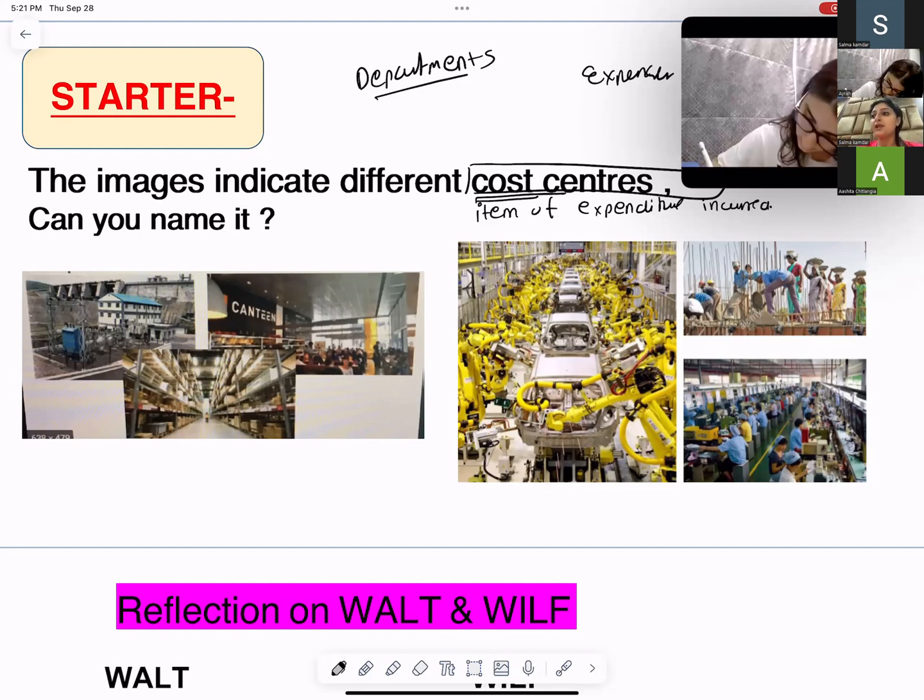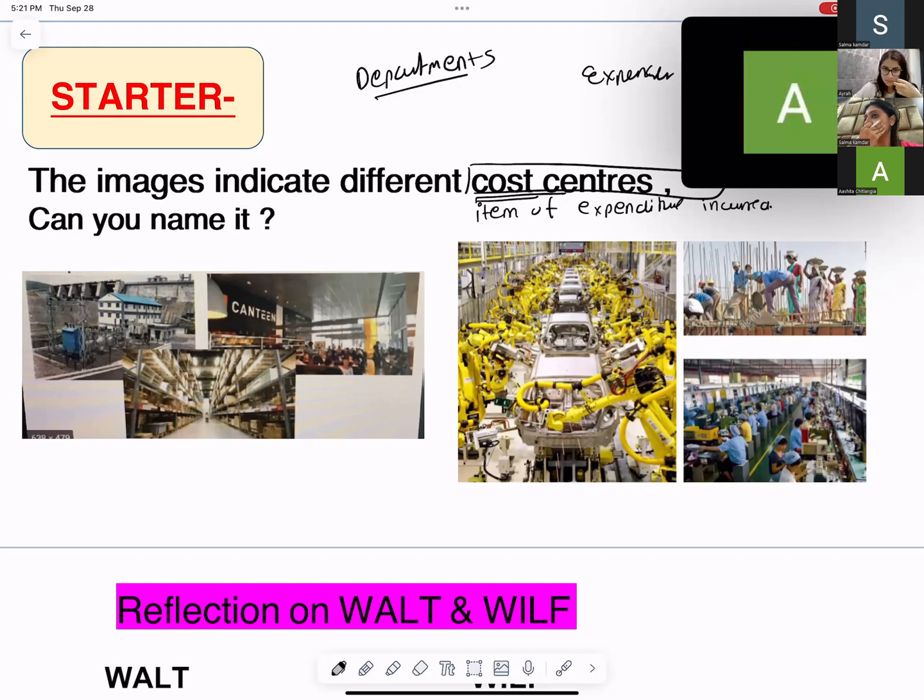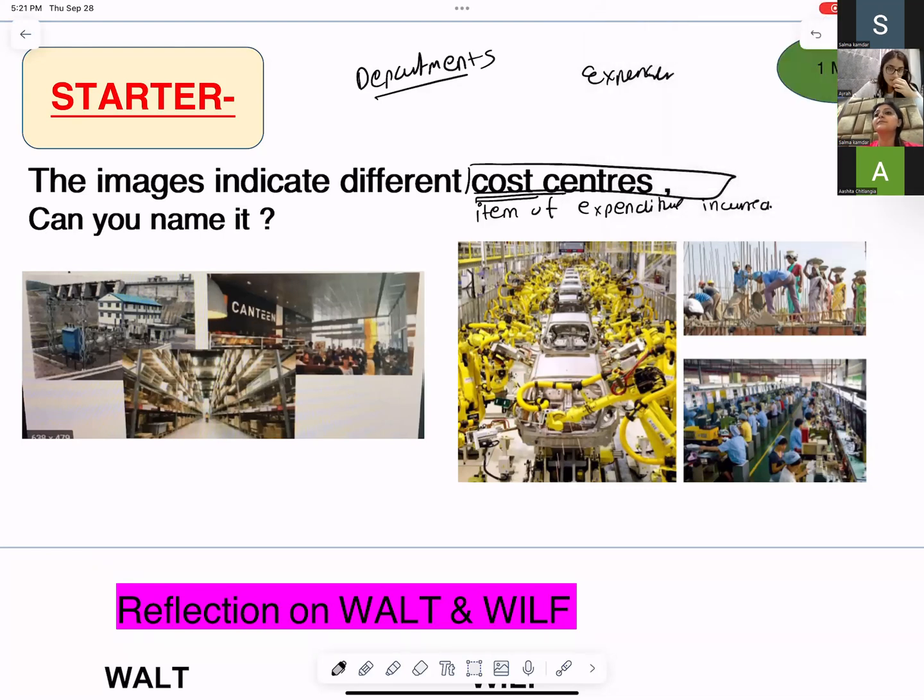Now, when you look at this image only, can you tell me how many cost centers can you see over here? Two. I think two. Which two cost centers? Can you name them? One is this warehouse and one is canteen.